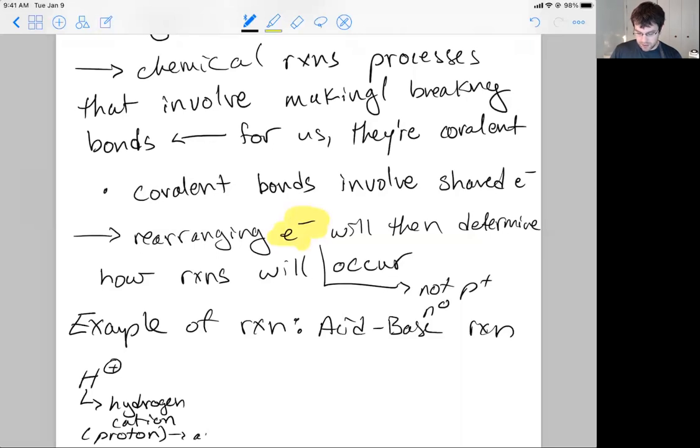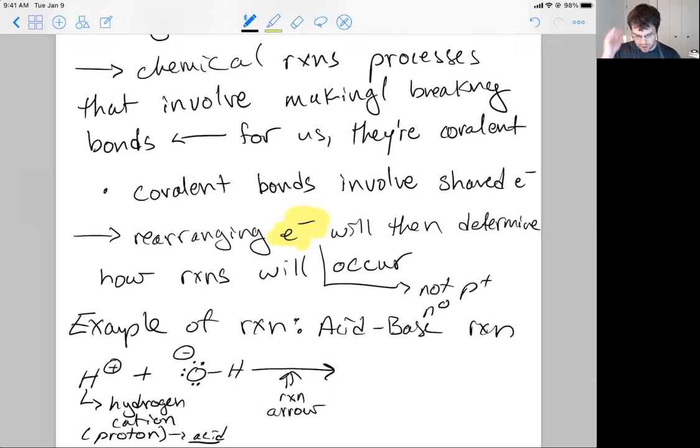Now, a proton is also an acid, as we'll see, because an acid can react with a base like hydroxide. And we can show how these react using the reaction arrow formalism, where we have an arrow showing the progression from starting materials to products.